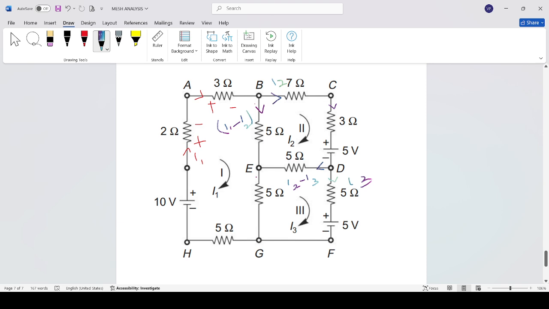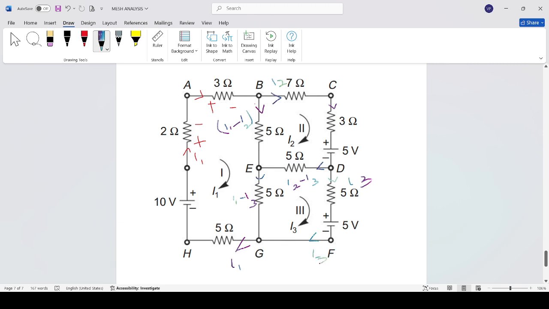Similarly, here the current is split: I1 minus I3. When it is coming here, it will be flowing as I1, and here the current is I3.